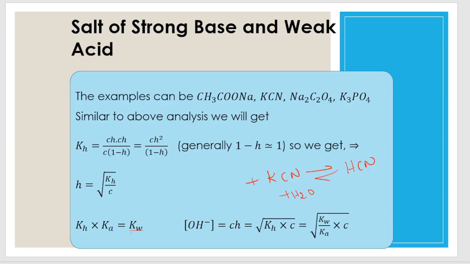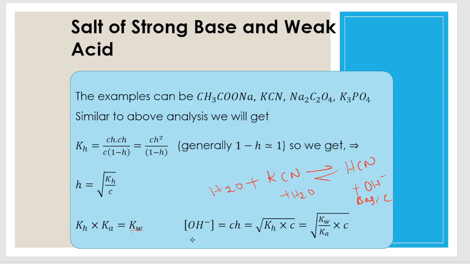As soon as KCN reacts with H2O, it readily produces undissociated HCN and OH minus ions. And we know if the KOH is present in any solution in excess amount, you can say it is basic in nature.